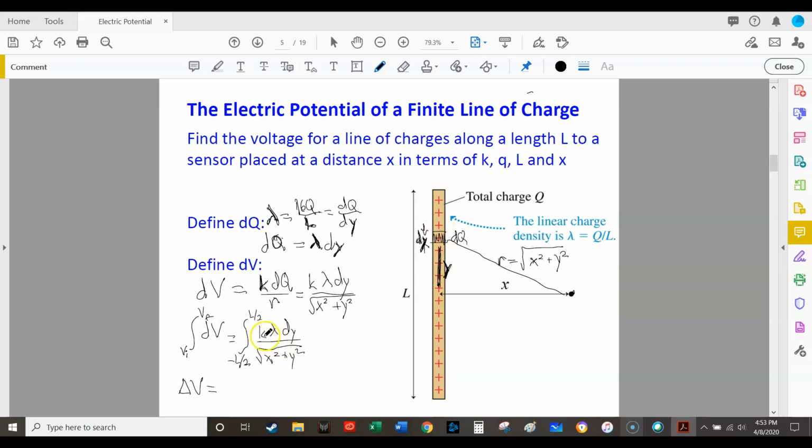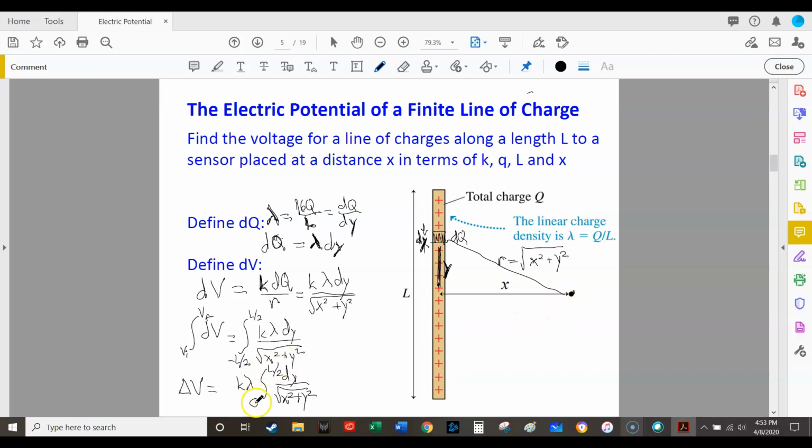So I'm going to pull my constants out, k and lambda, and write my integrals, but we're going to do something to simplify the problem so that we get a nice clean setup for our integral. If we just integrate from 0 to L over 2, the top side, the bottom side is also just going to add to the voltage.